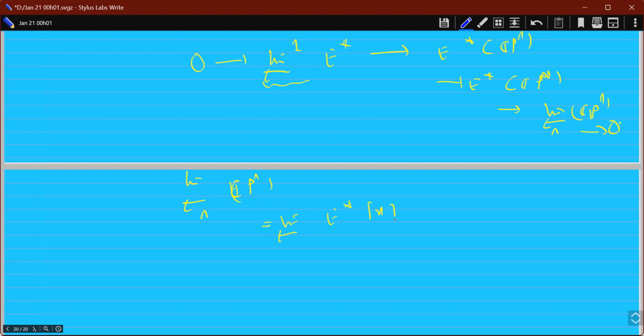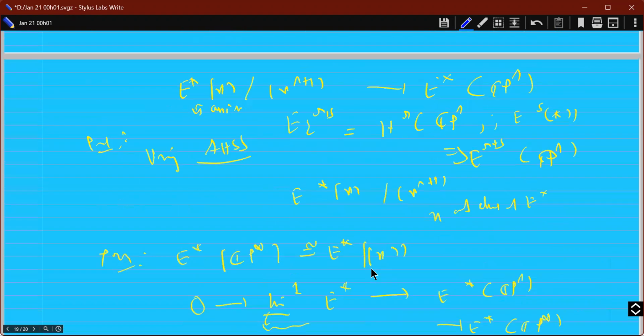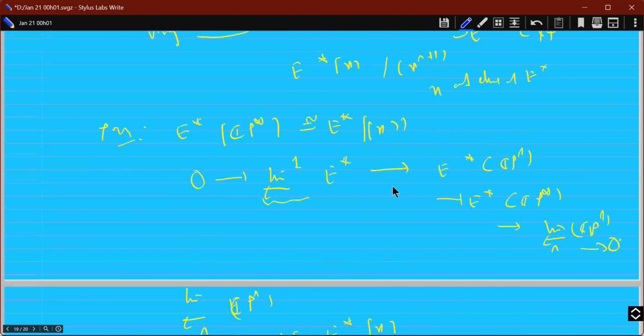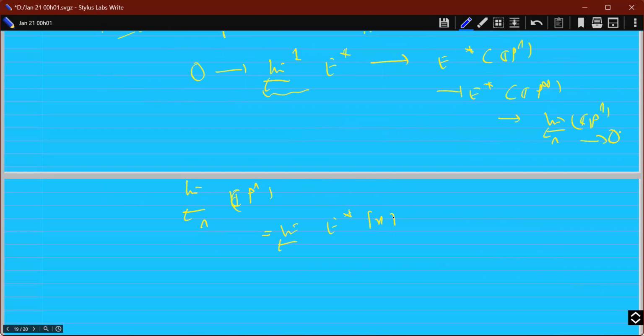Not completely, but this is something that we did. So the right hand term would be this, and the left hand term is 0. So yes, right.